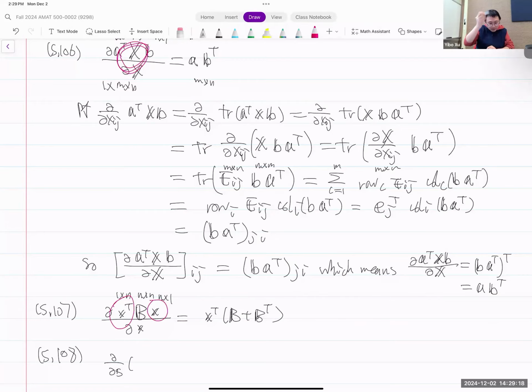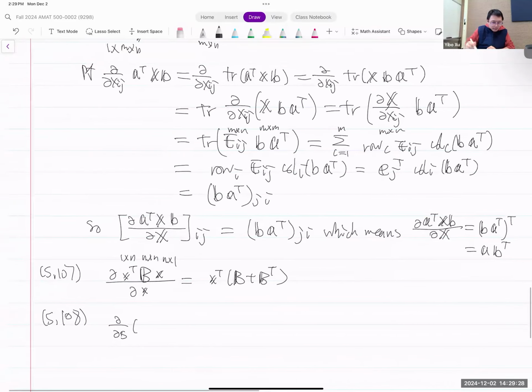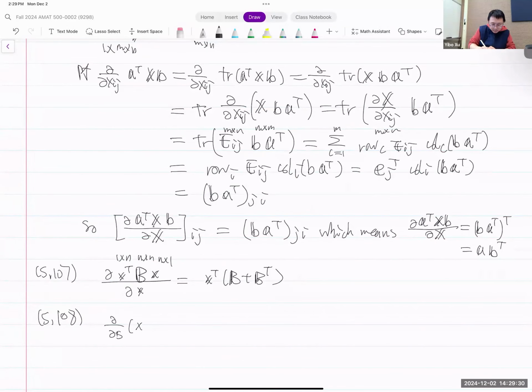So 107 is much simpler than 106 in a sense. Let me write down 108, and we probably have the time to just go over this computation. So x minus As transpose W x minus As.